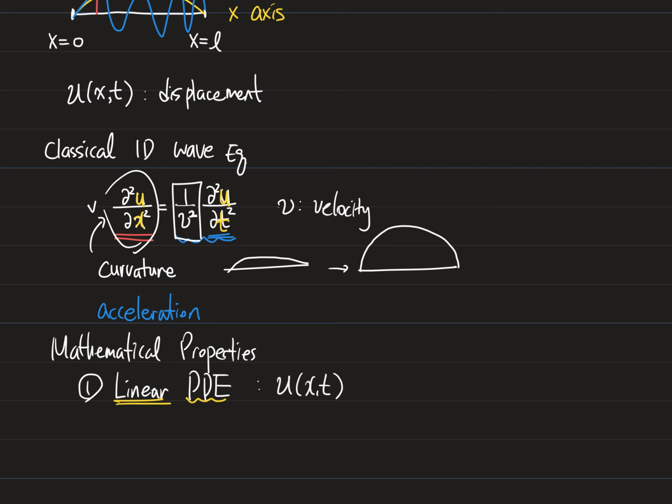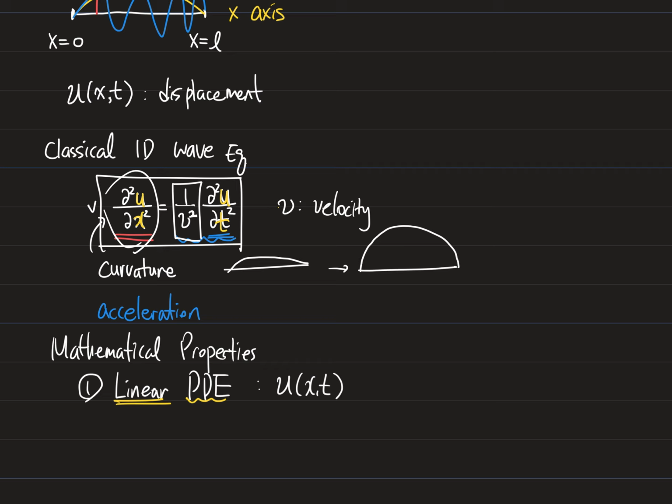If you examine the shape of the classical one-dimensional wave equation, the function u and its derivatives appear only to the first power.